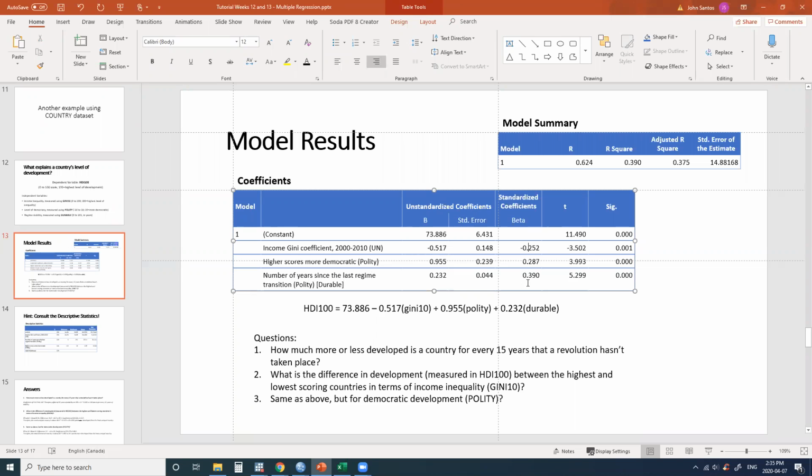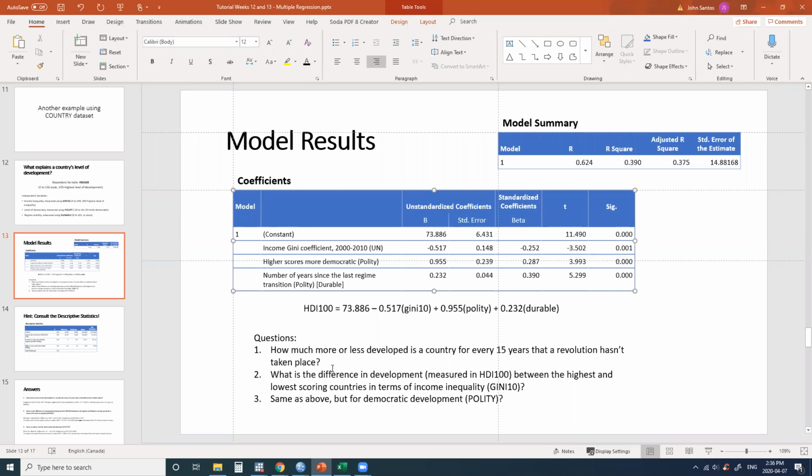If we look at the standardized coefficients, the variable with the largest standardized coefficient is durable, so it's regime stability. That seems to be the strongest predictor out of these three in explaining a country's level of development. The other two variables are pretty close to each other in size. They're different in direction, but polity seems to have a slightly stronger relationship with development than inequality.